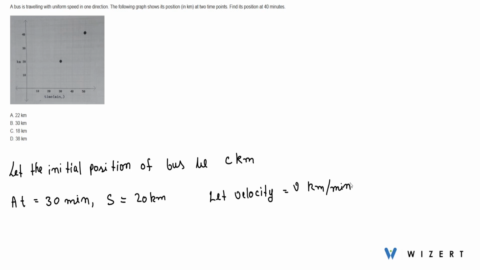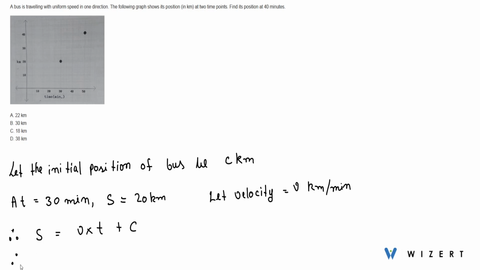Okay, so we can write the formula of distance, that is s equals velocity multiplied by time plus the distance it was at c kilometer, that is at t equals 0.